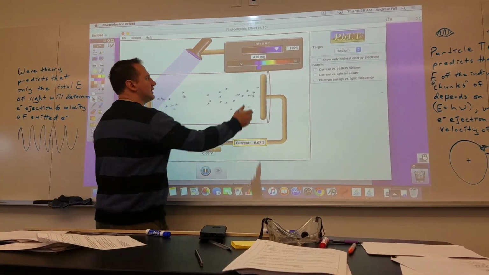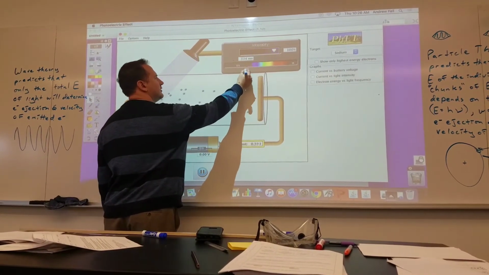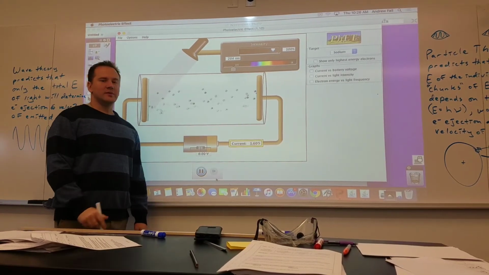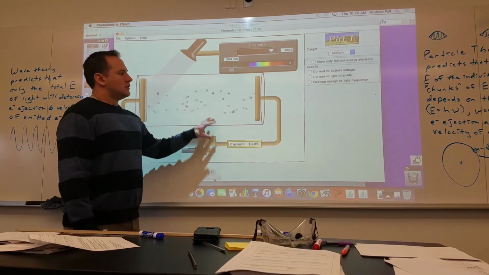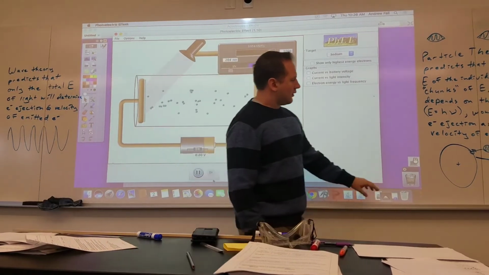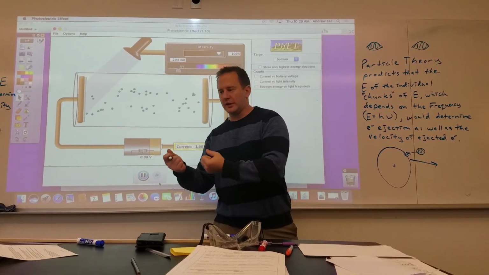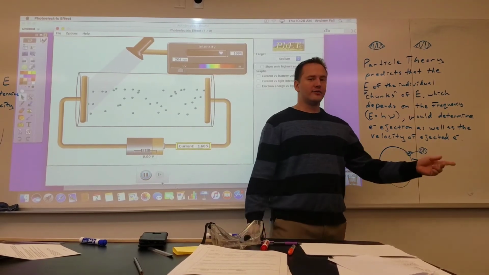Now if I crank the frequency up to really high levels, like if we get into the UV light spectrum, you can see that those electrons are ejected with a much higher velocity. What that showed is that once it hits hard enough, any additional energy, once it has overcome the energy required to eject the electron, is converted to kinetic energy of the electrons being ejected.